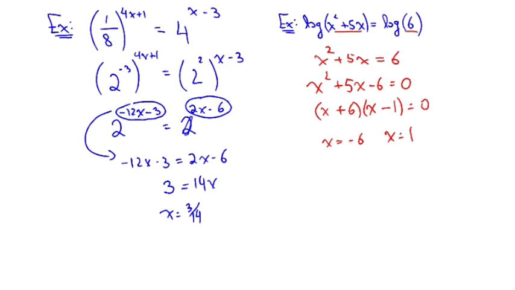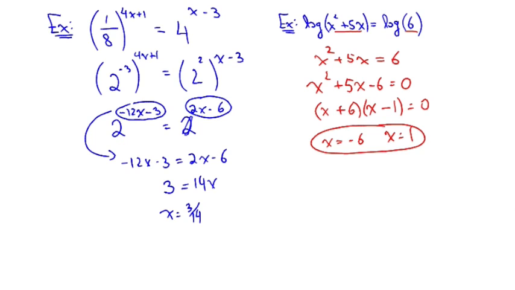If I take negative 6, negative 6 squared is 36. 5 times negative 6 is negative 30. 36 minus 30 is 6. It works out perfectly fine. So actually, both of these are the answer. Try to find one that isn't.